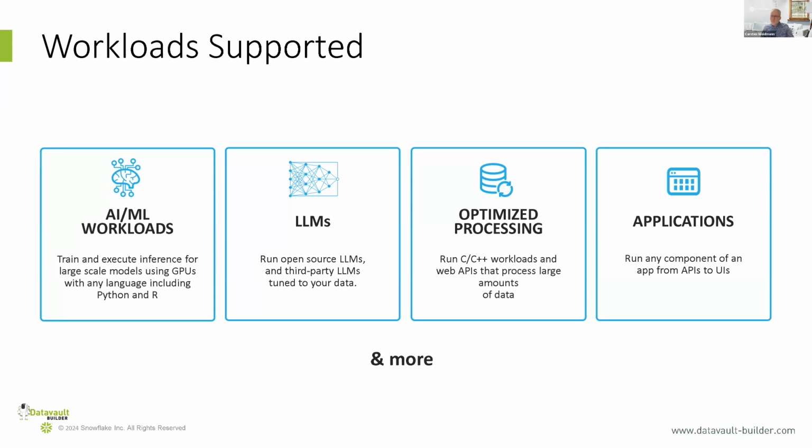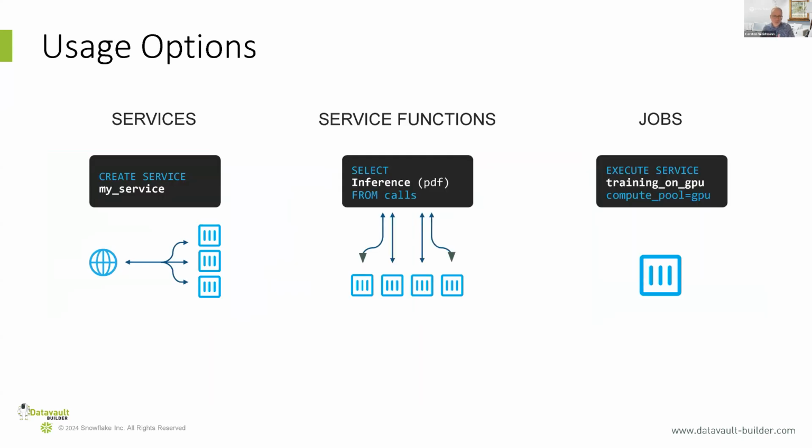If you flip to the third slide, these are the three usage options you have. You can either run it as a service, that would be that application. This is something we're going to look at a little bit deeper in a bit. A second option is ML training and inference, a service function that would leverage, for example, the GPUs you made available in those instances.